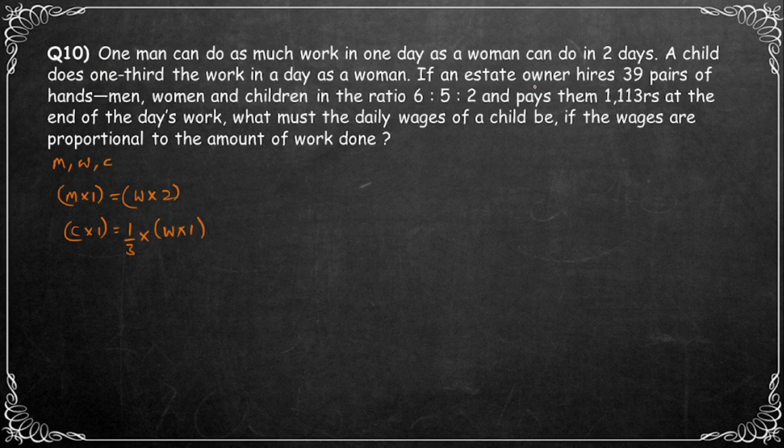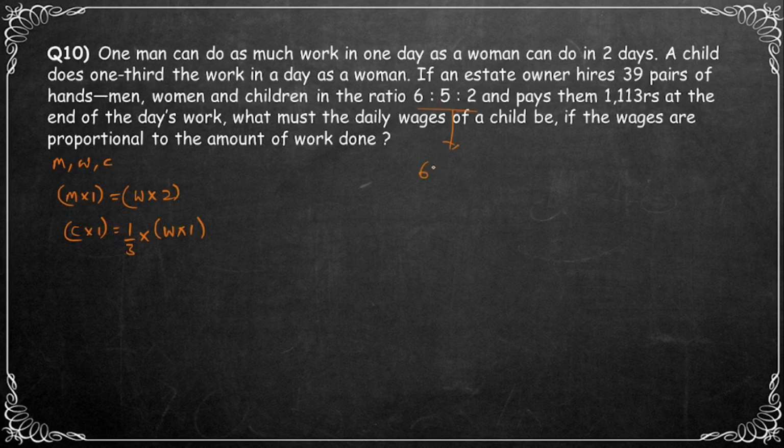Now if an estate owner hires 39 pairs of hands, men, women and children in the ratio 6:5:2 and pays them 1,113 rupees at the end of day's work. That means for 1 day of work they are getting 1,113 rupees. Then they are asking how much money should a child get for 1 day of work. So we need to find how many men, how many women and how many children. They are in the ratio 6:5:2, right?